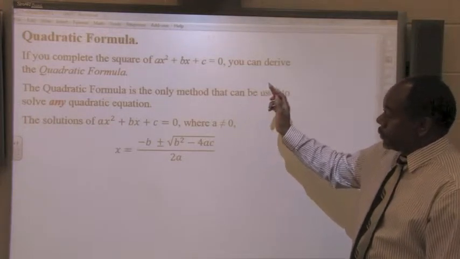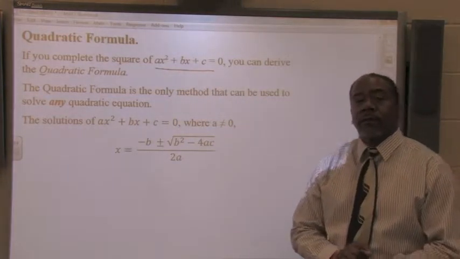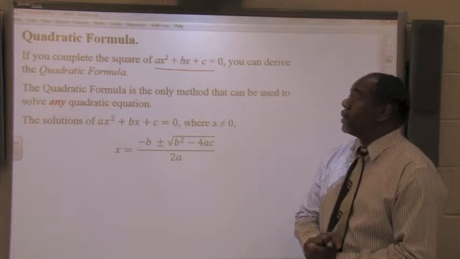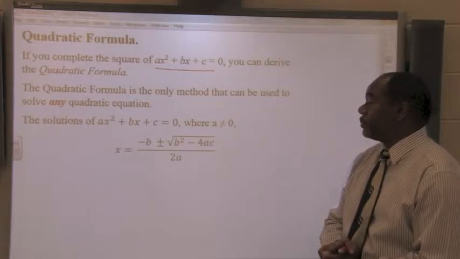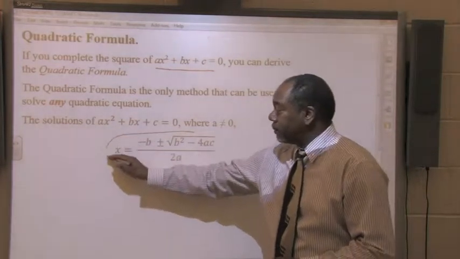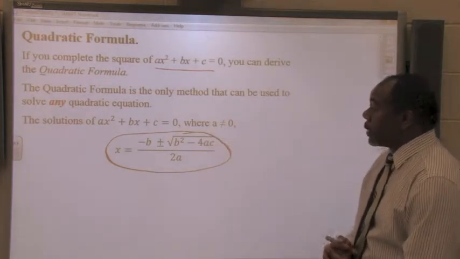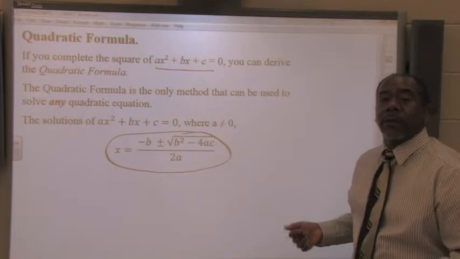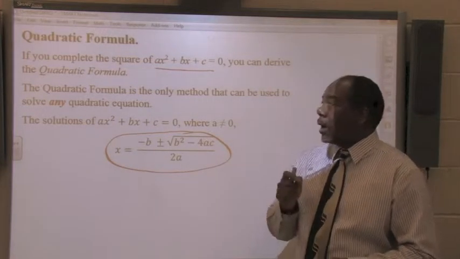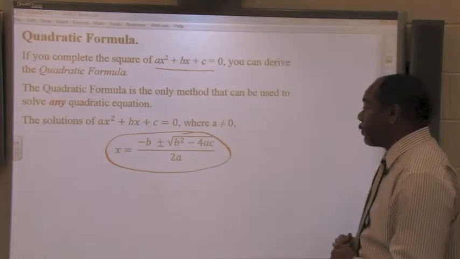To use the quadratic formula, you need to make sure your quadratic is in the form of ax squared plus bx plus c. The quadratic formula is this thing. First, there are a number of steps. We're going to take a look at how you solve a quadratic expression or equation using the quadratic formula.